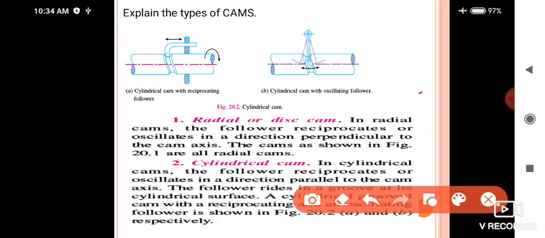Explain the types of cams. Just as we saw the types of followers, similar types are there in cams also.